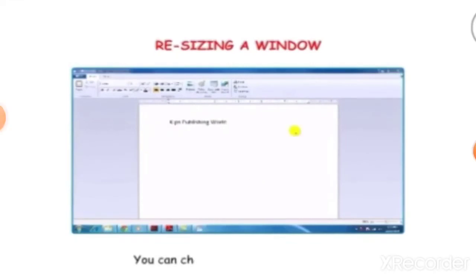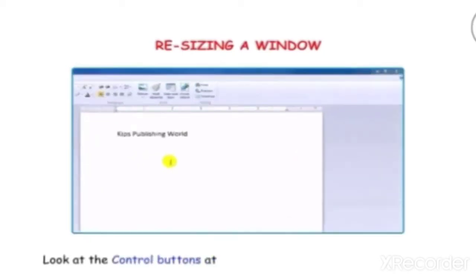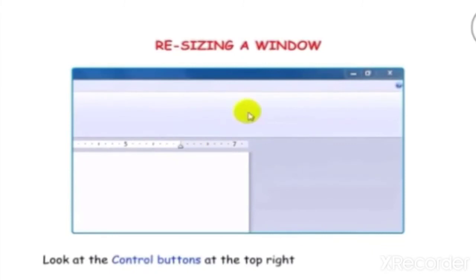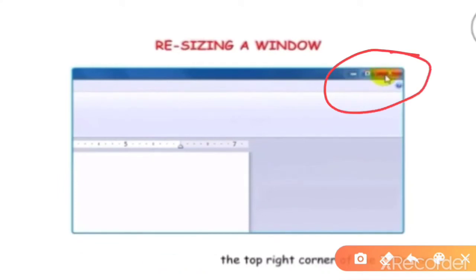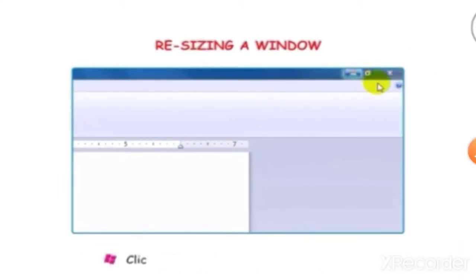Next topic is resizing a window. On page 34, you can change the size of a window, right? How? Look at the control buttons at the top right corner of the title bar. You can see here these are the control buttons, right? There are 3 control buttons. Click on the middle button. The steps are on page number 34.